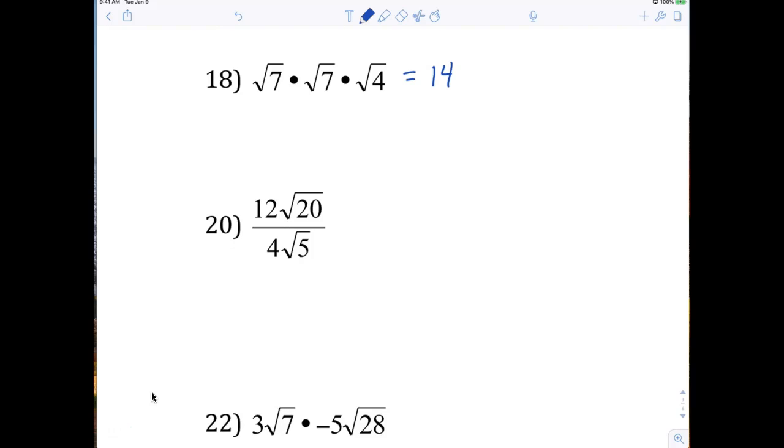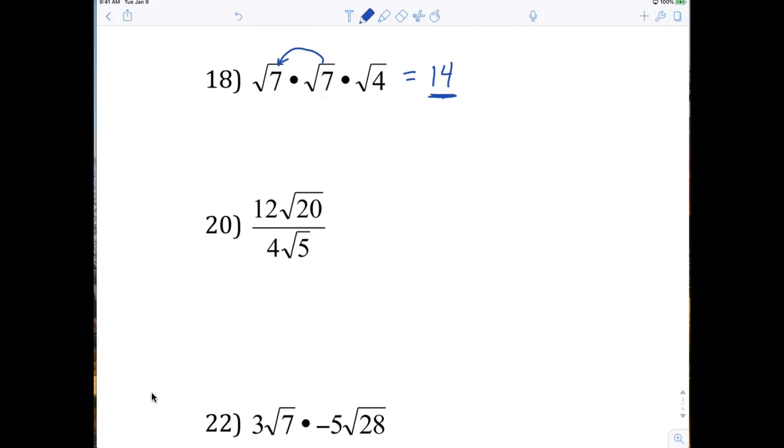Because it's the square root of 7 times the square root of 7 times the square root of 4. 7 times 2, 14. Come on, guys. Anytime you multiply the same square root, it's that number. Now, could you go 7 times 7 times 4? Yeah, that would just make it more difficult. Everybody agree?